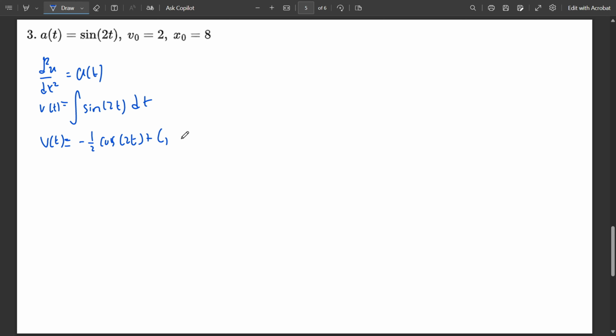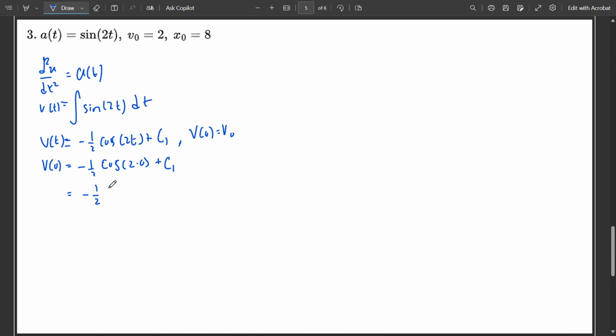And again, we need to find the particular solution, so we need to have v of 0 equal to v initial. So v of 0 of this is negative 1 over 2 cosine of 2 times 0 plus c1. We have negative 1 over 2 cosine of 0 plus c1.